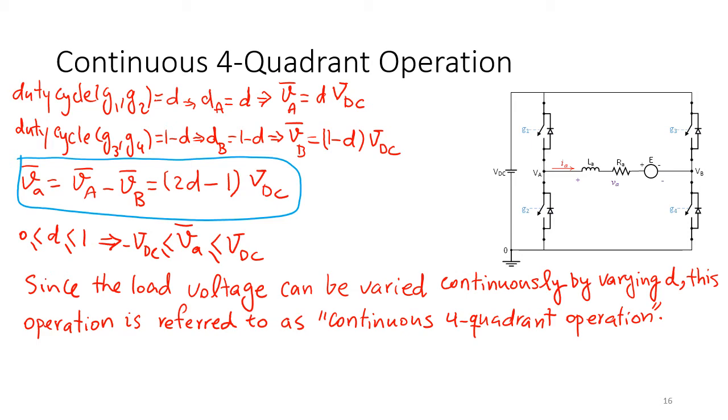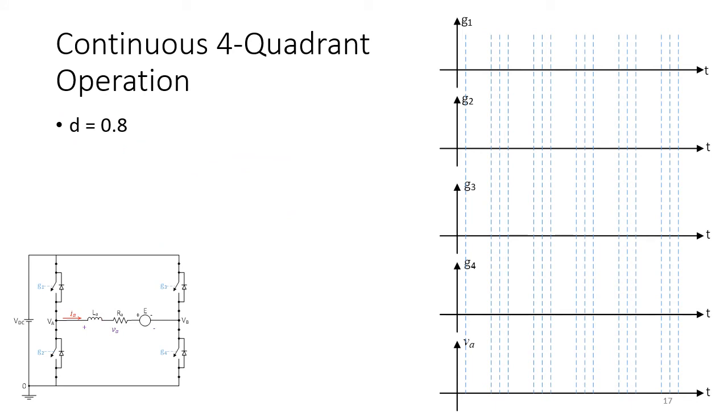So let's see some simple cases. Assume that D is 0.8. Then G1 and G2 is for arm A or leg A. So dA will be equal to 0.8 and VA will be equal to 0.8 VDC. And it changes like this.